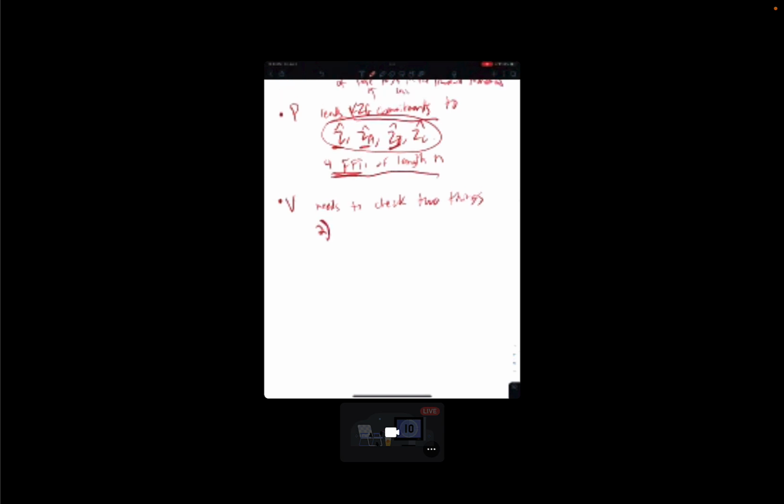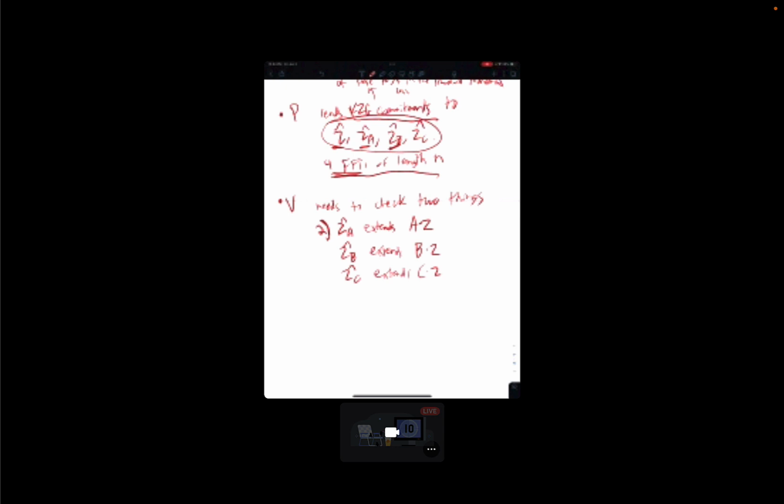The second thing it will need to check is that za hat indeed extends Az, A times z, zb hat indeed extends B times z, and zc hat indeed extends C times z.